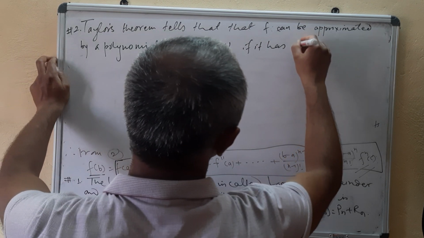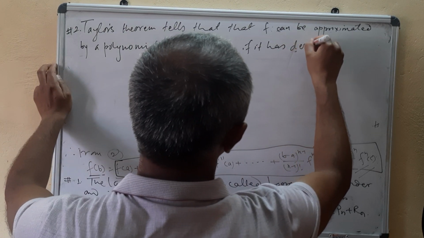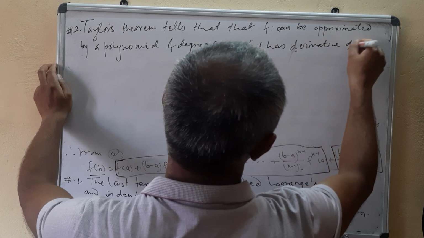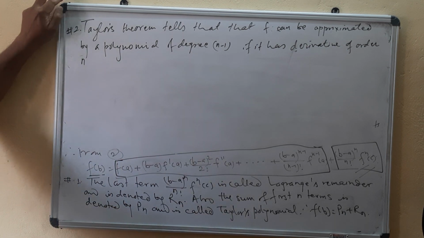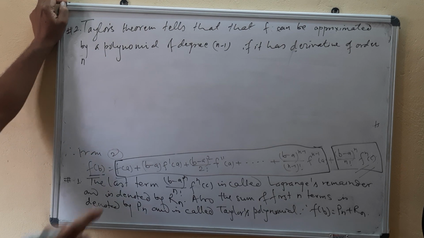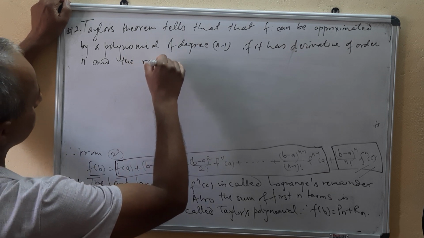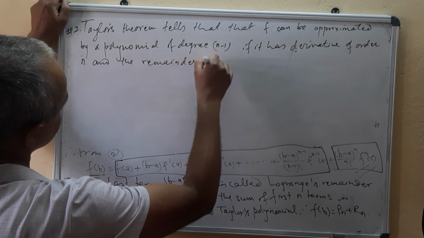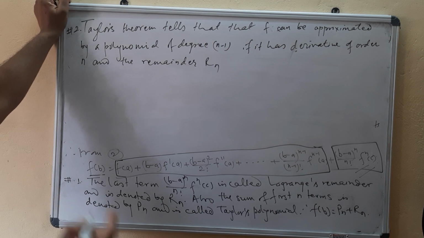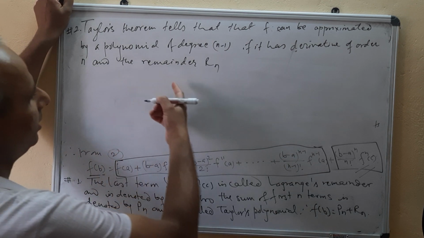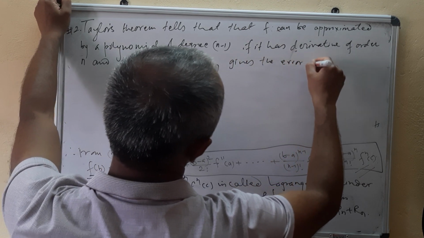If it has a continuous derivative of order n, or simply a derivative of order n, and the remainder term after n terms, the remainder Rn, represents the error made by this approximation.